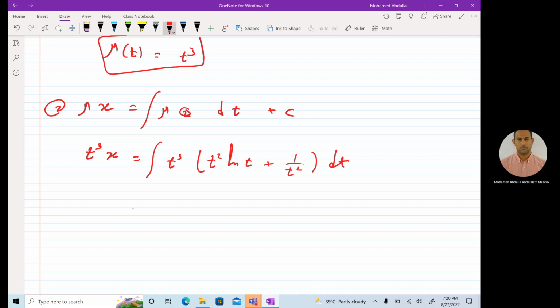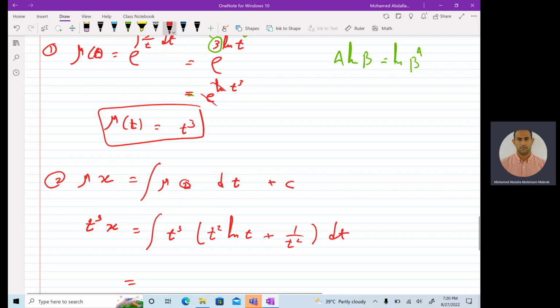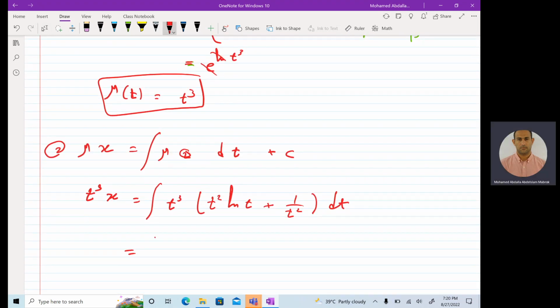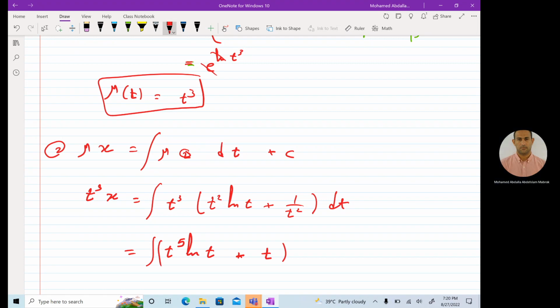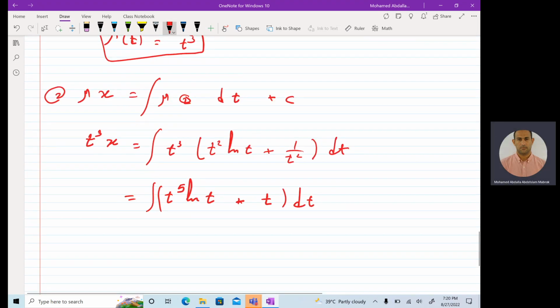You can distribute this t cubed. So this will be integrating t to the power 5 ln t plus t dt. Again, those are two integrations.